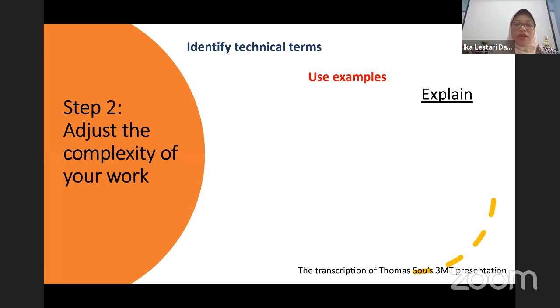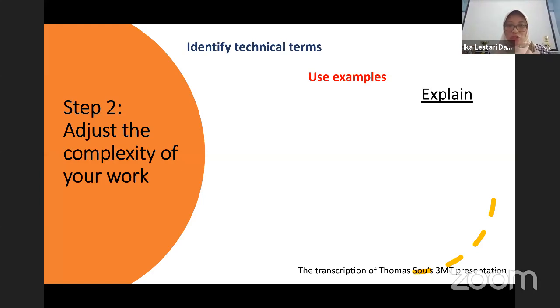But remember, our audience come from different backgrounds, unless you know that they are all experts. So if you know that you have different kinds of background of audience, you need to adjust. How can you adjust the complexity of your work? You can first identify technical terms and then use examples. And you may also want to explain what those mean so that everybody can understand.